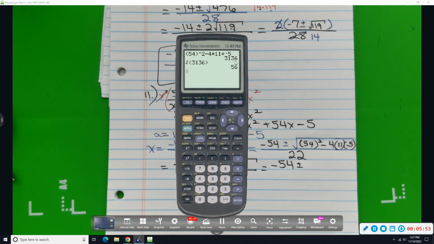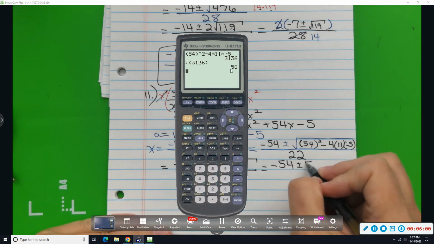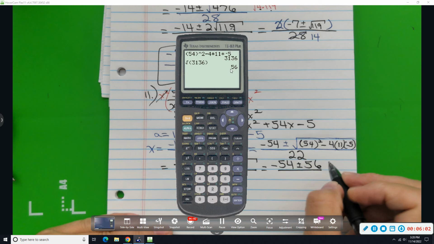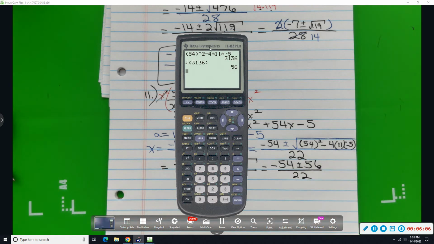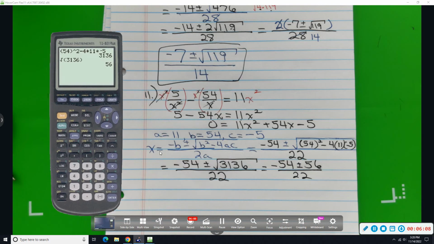The square root of 3136 is a perfect square of 56. Oh, that's making it nice. All over 22. Let me move that calculator out of the way. The square root of 3136 was 56.